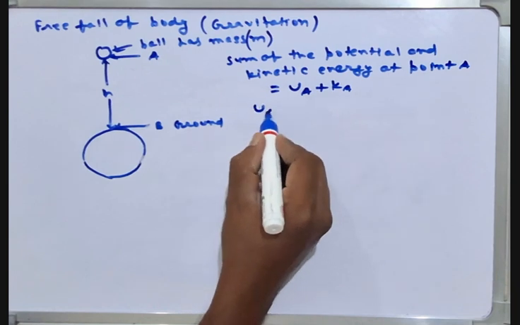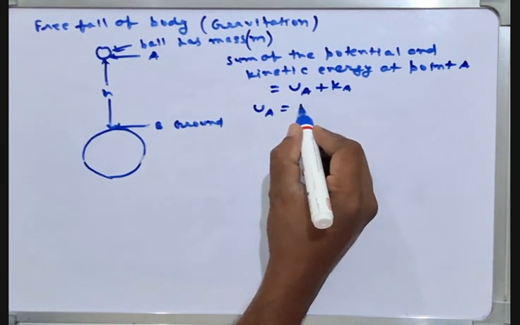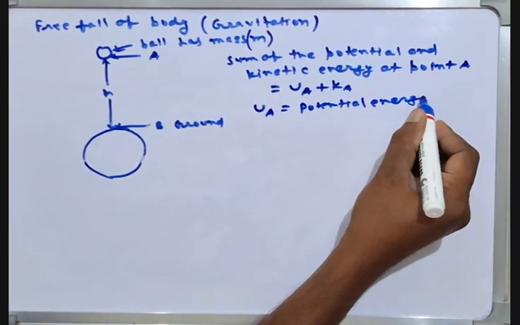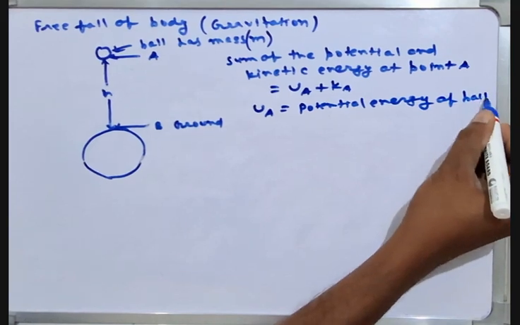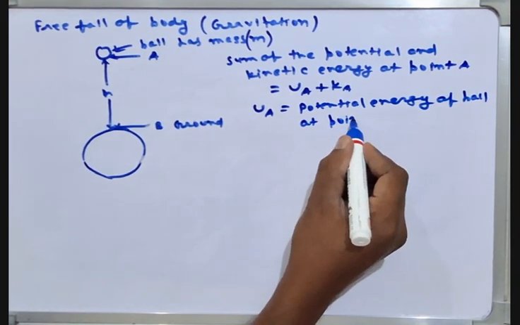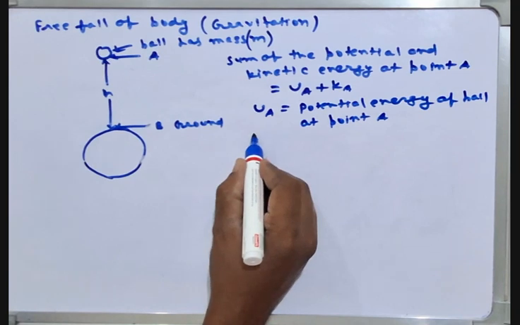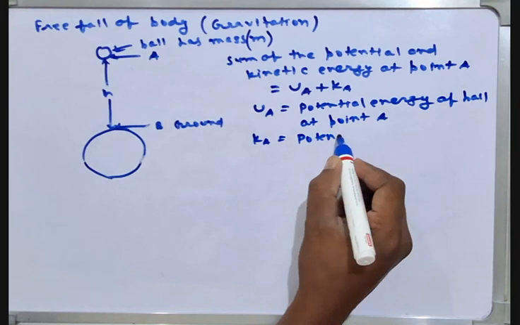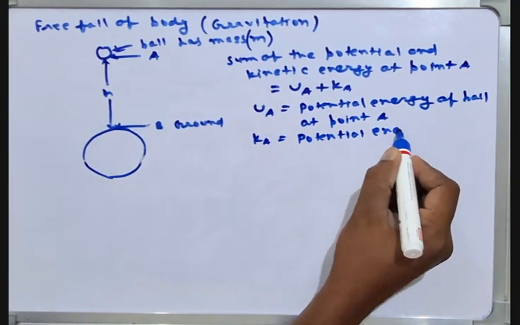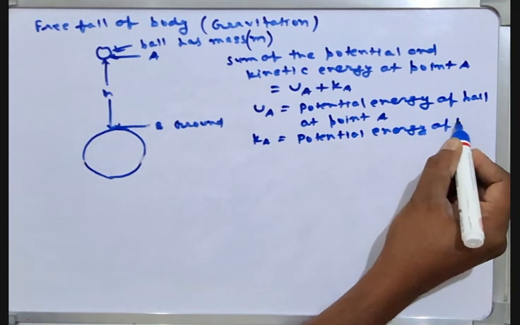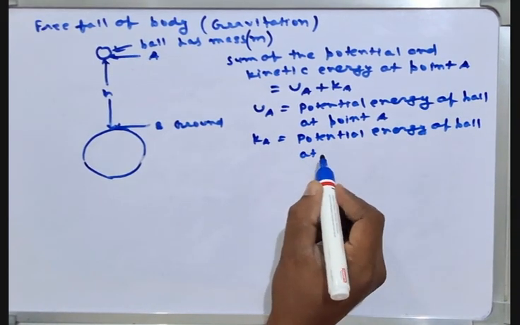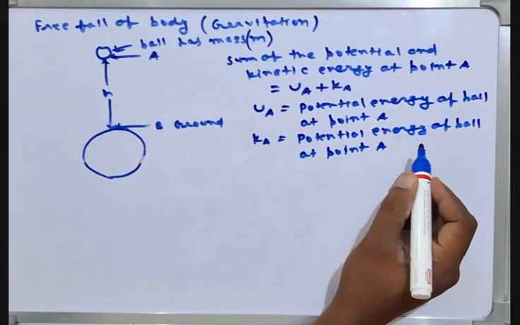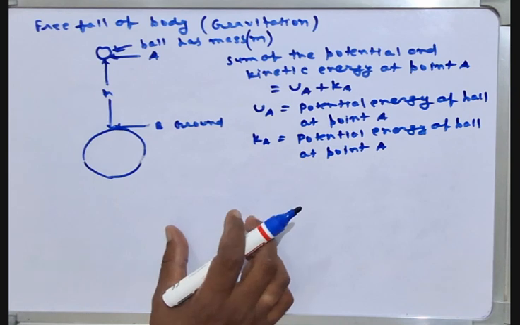Okay, where UA is the potential energy of the ball at point A, and KA is the kinetic energy of the ball at point A.